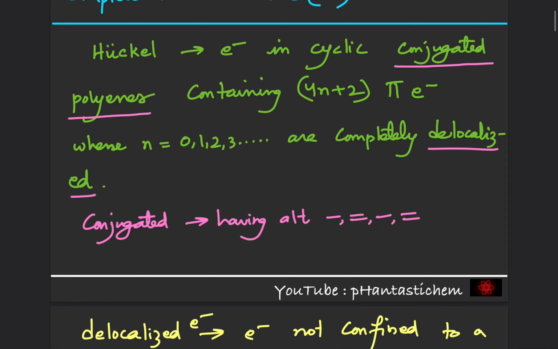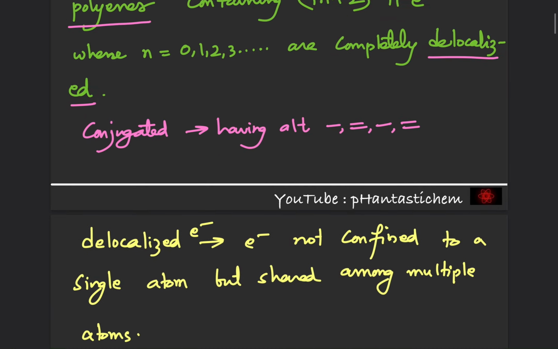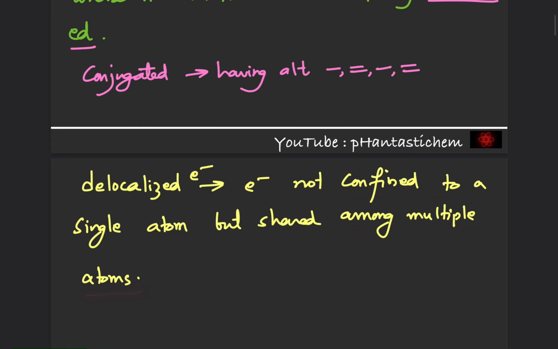Okay, so coming back to our statement, Huckel said that electrons in cyclic conjugated polyenes, having double single arrangement and multiple double bonds, containing 4n plus 2 pi electrons, and if these electrons are completely delocalized, that means these pi electrons are not confined to a single atom but are shared among multiple atoms.